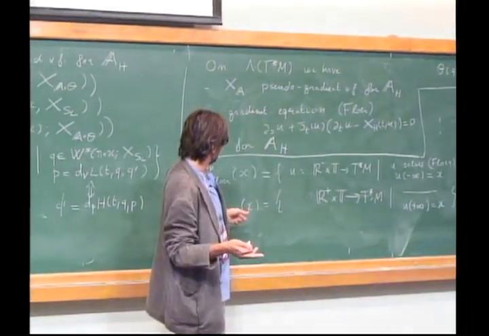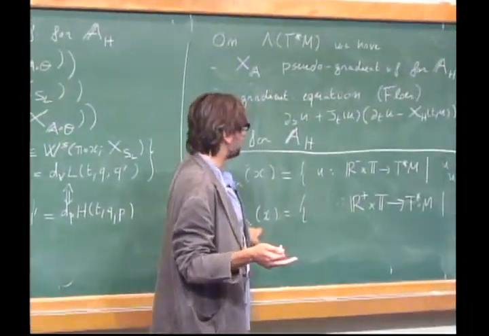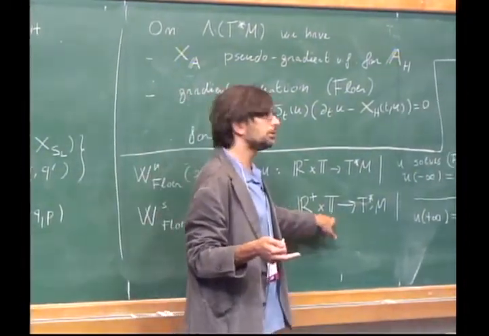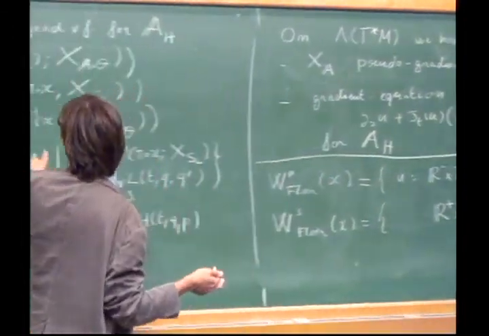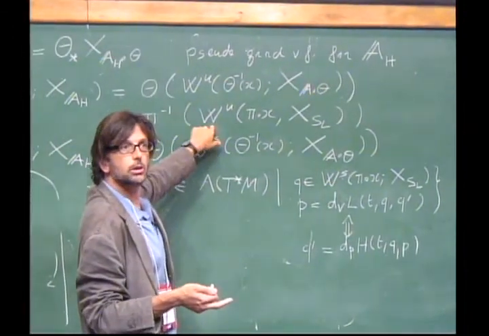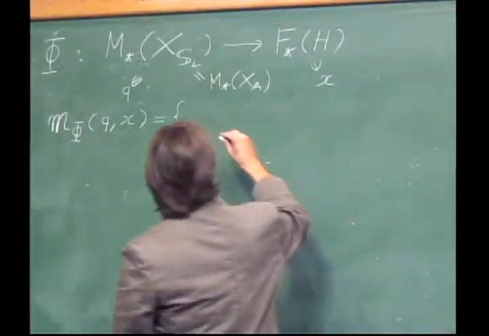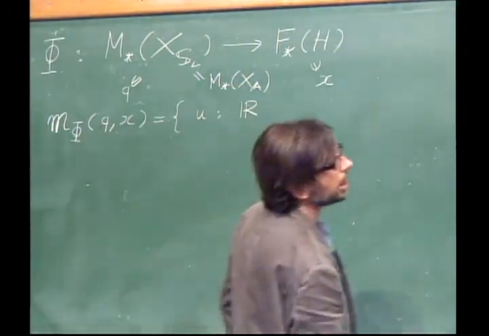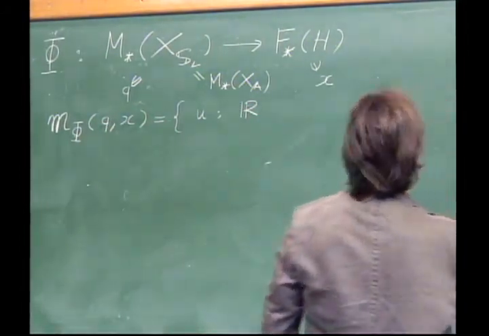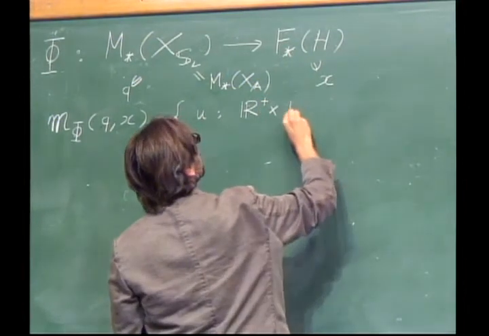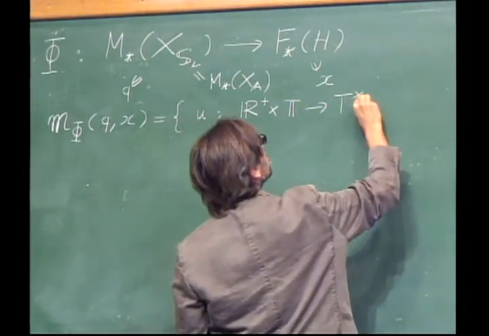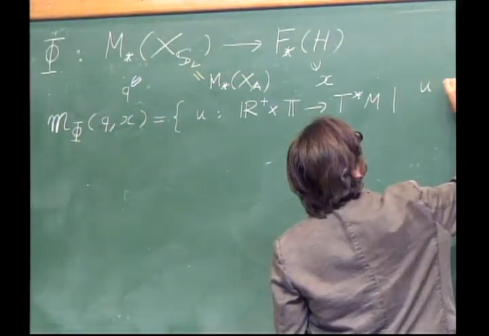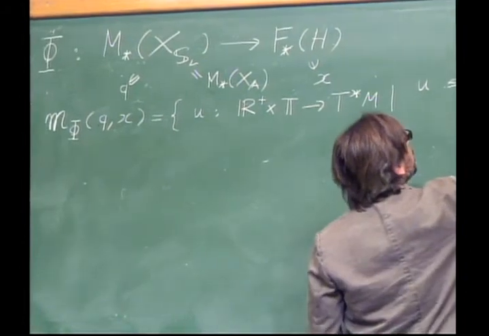But morally, what this means is that I should consider space of maps here, such that at 0, they belong to this object. So what I should consider are U's, which are defined on R plus cross T into T star M with the property that U solves the Floer equation.